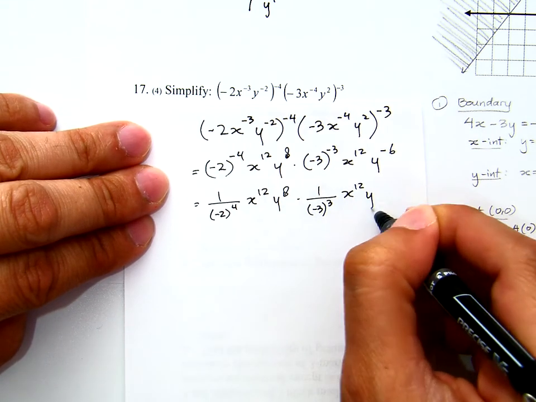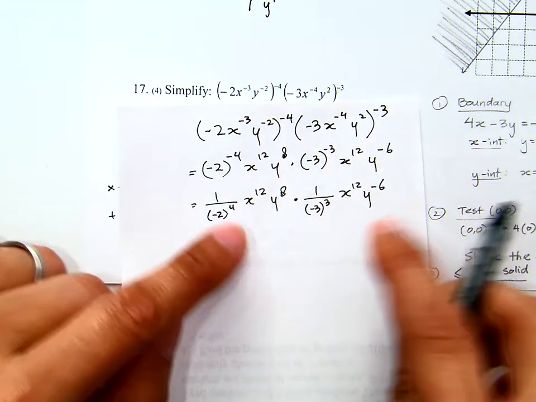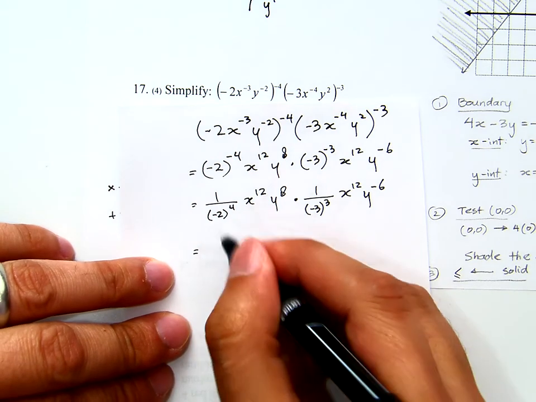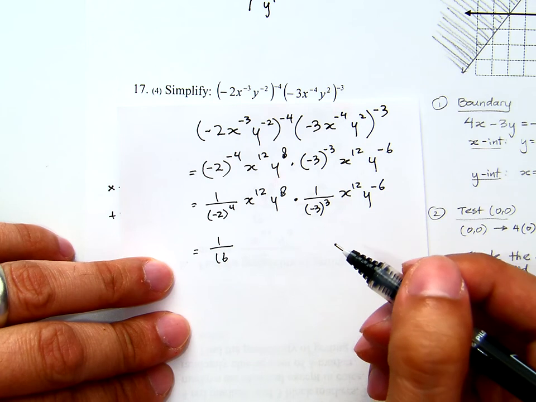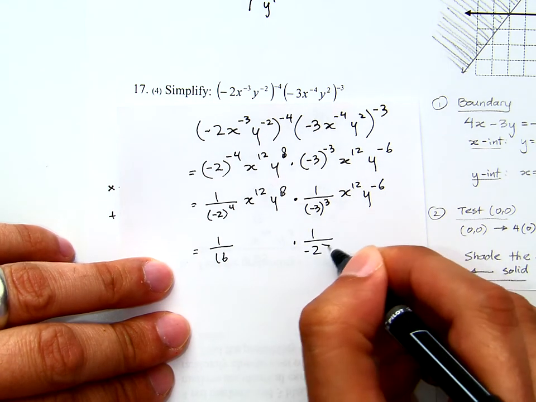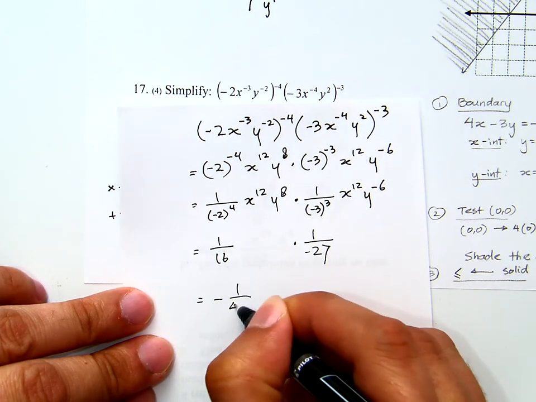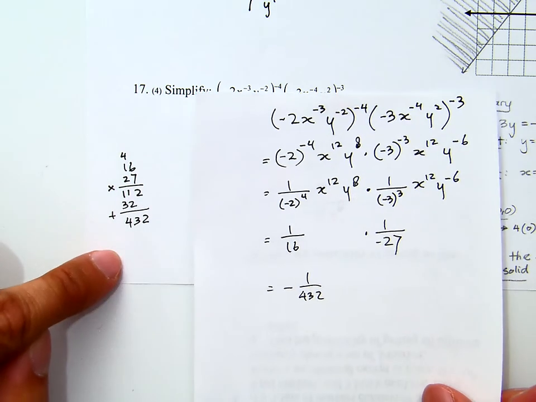Notice that we are multiplying, right? We are not adding, we are not subtracting, so we don't need them to be like terms to multiply. Now if you compute this, it is 1 over 16. And later on this will be 1 over negative 27. Eventually you will see this is negative 1 over 432. That's the number we got earlier.